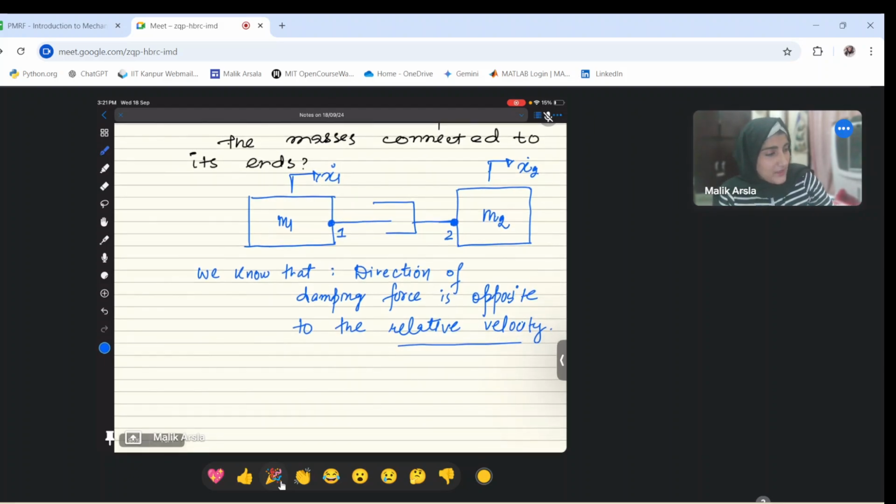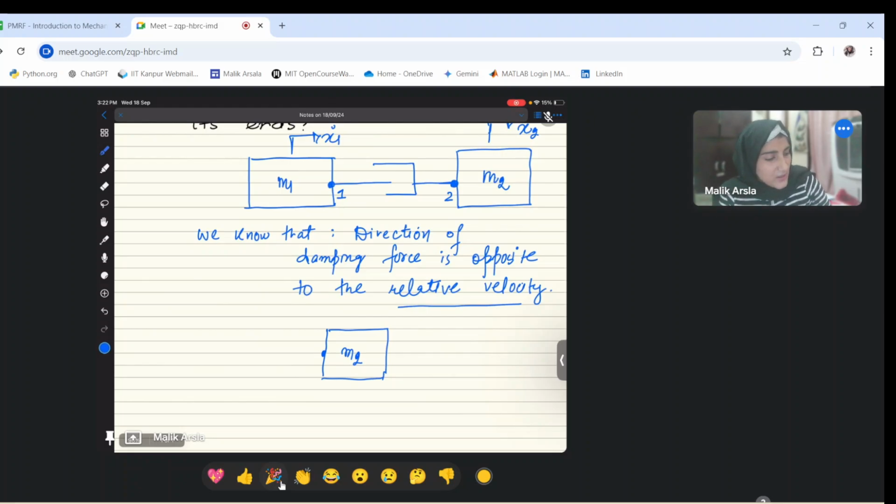Now let's focus on this mass m2 first. If I draw the free body diagram of this mass m2, tell me what will be the relative velocity of this point 2 with respect to 1. We know that it will be x2 dot relative to 1, right? That is how we write the relative velocity of point 2 with respect to point 1.